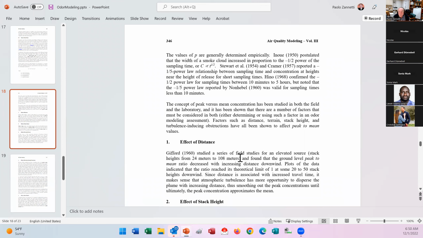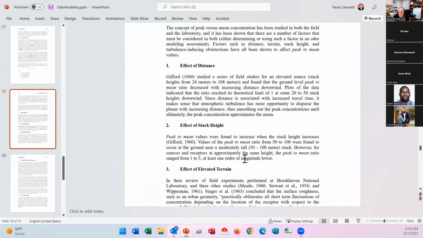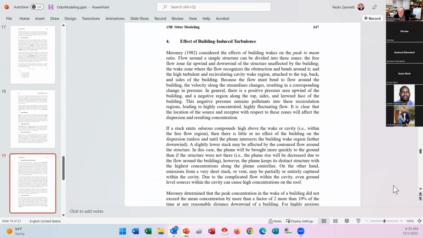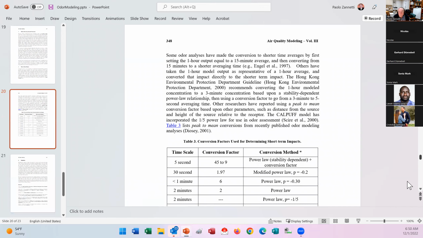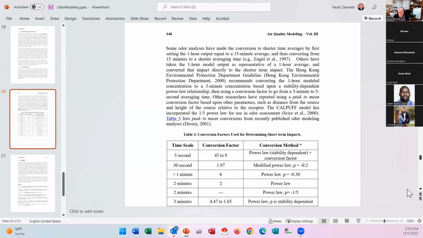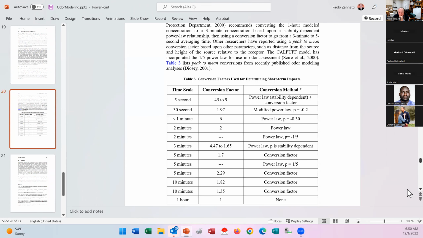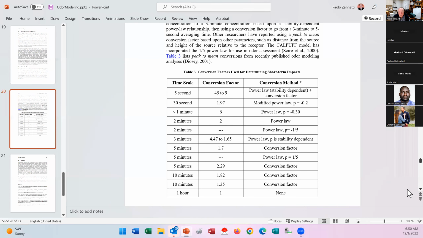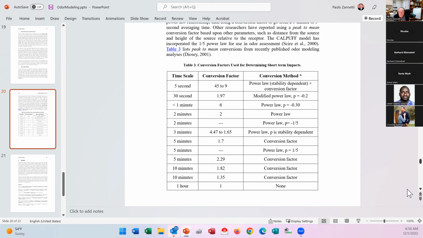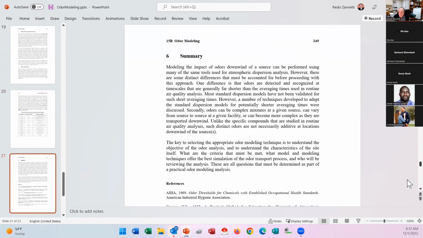Perhaps 1.6 is a good initial choice. These are some peak to mean factors used in the literature: 2.2, 1.8, 1.3. You can find all sorts of choices.